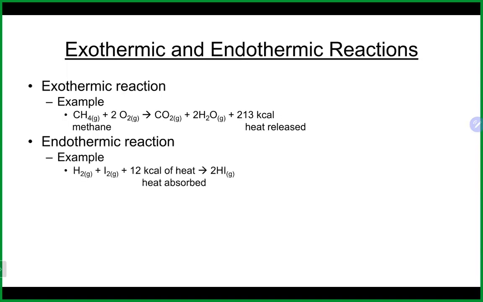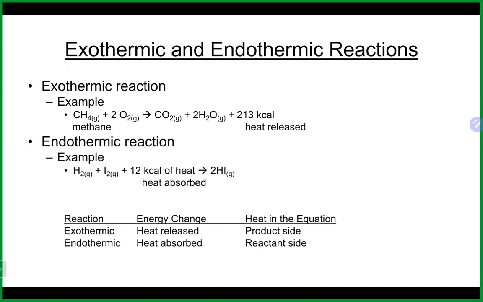So a couple other ways exothermic and endothermic are displayed in chemical equations is sometimes they will actually be put into the actual equation. Because an exothermic reaction indicates that energy is being given off, it is often considered a product.